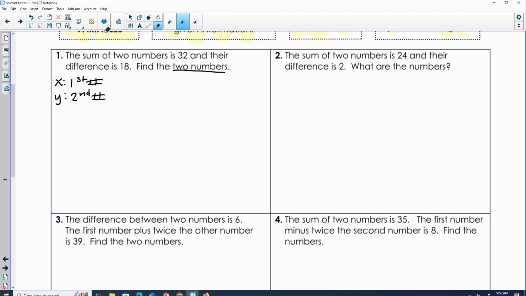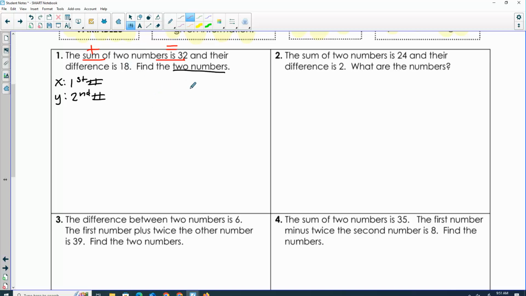Now we have to write equations, and we have enough information to write two equations. So when I'm looking at this, it tells me the sum. What does sum mean? Plus. Of two numbers is, what does is mean? Okay.